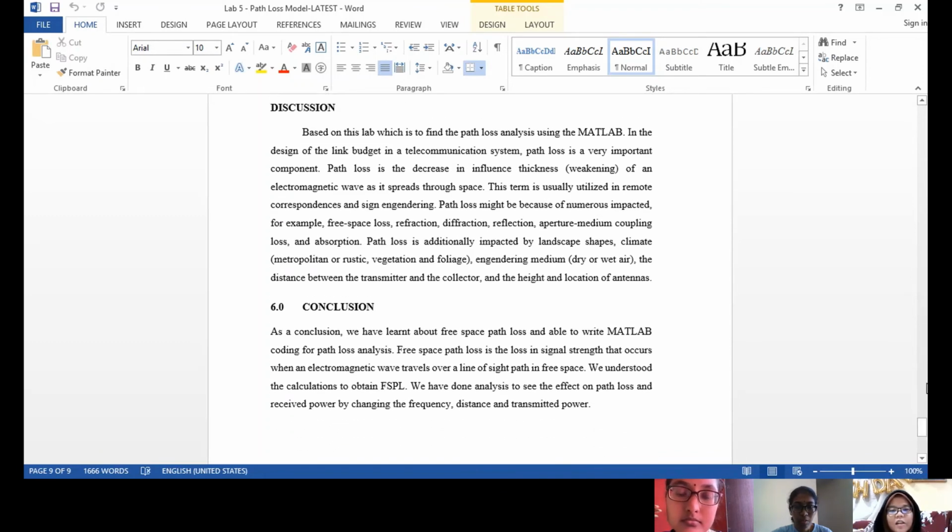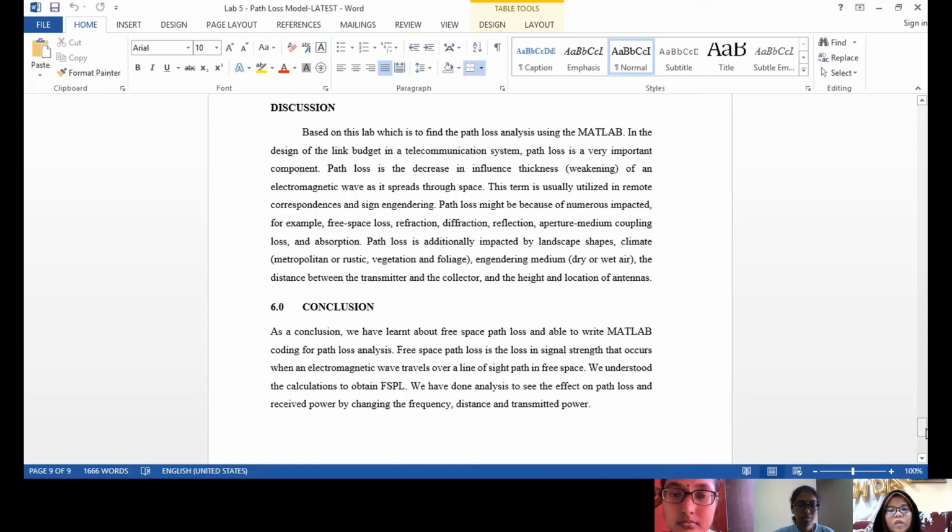Okay, I repeat that. Path loss is the decrease in intensity of an electromagnetic wave as it spreads through space. This term is usually utilized in wireless communication and signal engineering. Path loss might be because of numerous impacts, for example, free space loss, refraction, diffraction, reflection, aperture medium coupling loss, and absorption.